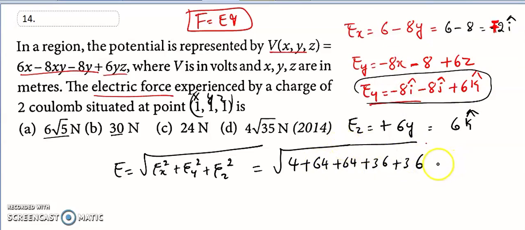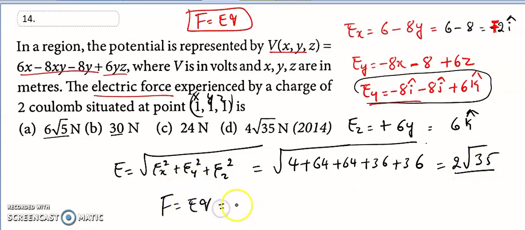So what is the answer for this one? So that is 2 root 35 is the answer for this one. Force is equal to E into Q. So that is 2 root 35 into charge, which is 2 coulomb, into 2.